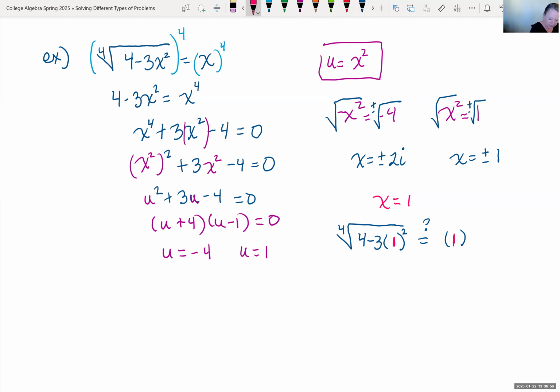Okay, order of operations. Underneath the radical, we first simplify. Exponents come first. 1 squared is just 1. Multiplication comes next. 3 times 1 is 3. So we get 4 minus 3 underneath that radical, which is 1. Is that equal to 1? Which it is.